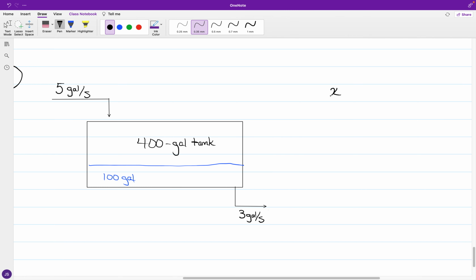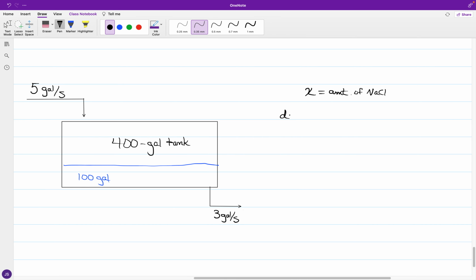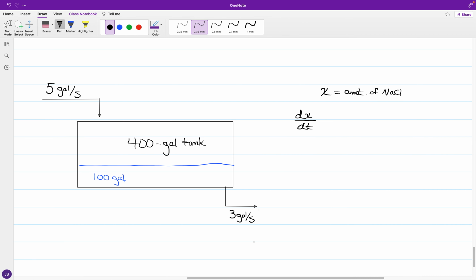So we have x equal to the amount of salt, and for the varying level of concentration of salt, we have dx over dt, the change in the amount of salt as time changes, is equal to what we have going in minus what we have going out.